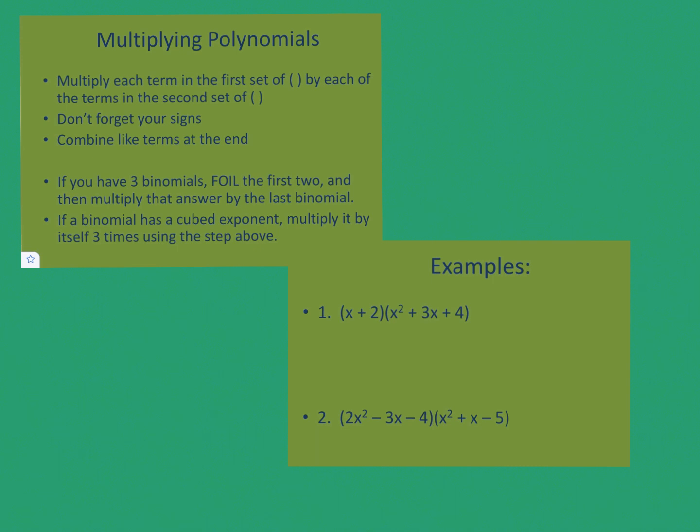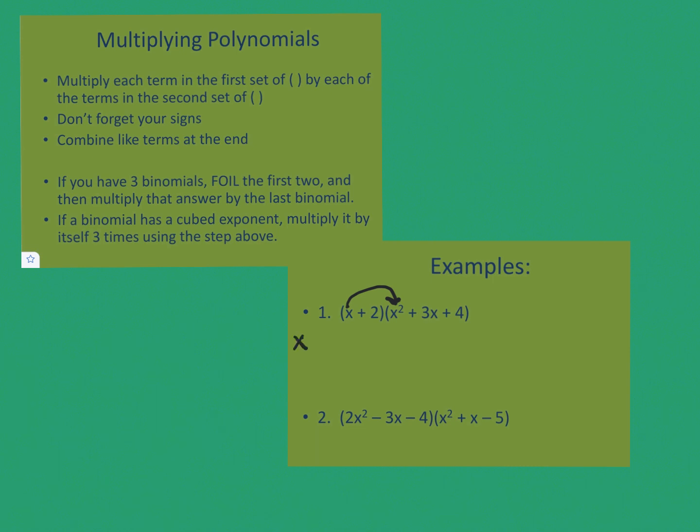So we have a binomial x plus 2 multiplied with a trinomial x squared plus 3x plus 4. So we're going to work with this first term of x, and we're going to multiply it to each of those terms.